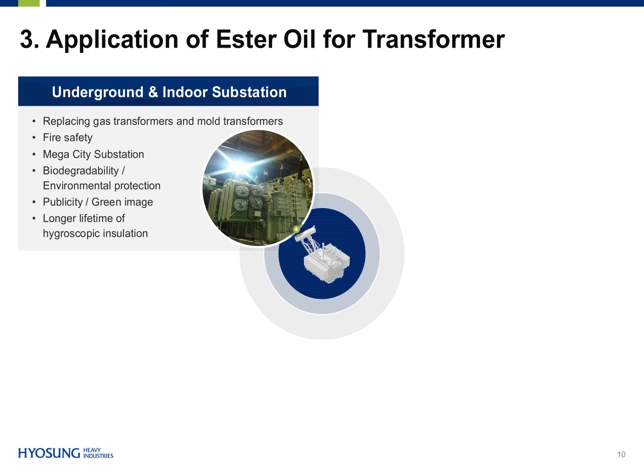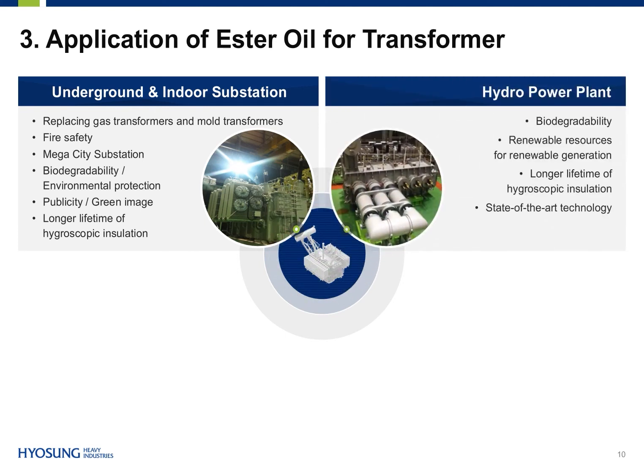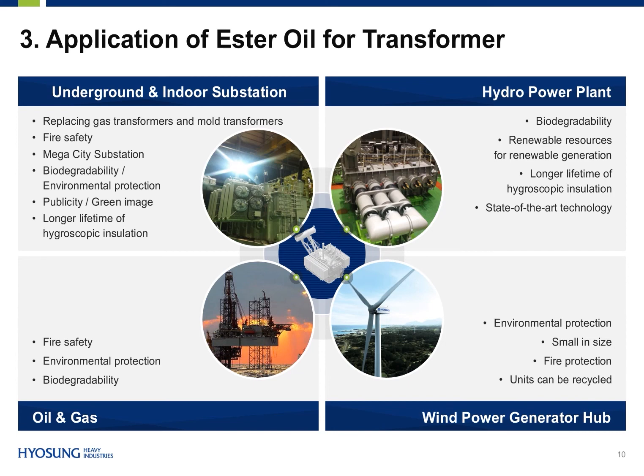Based on increased environmental awareness across the world, ester oil transformers with high biodegradability are the best solution for hydropower plants. We can also see lots of demand from oil and gas customers, where fire safety and environmental protection are top concerns. In particular, ester oil transformers are a perfect fit for offshore platforms, be they for oil and gas exploration or for wind generation.